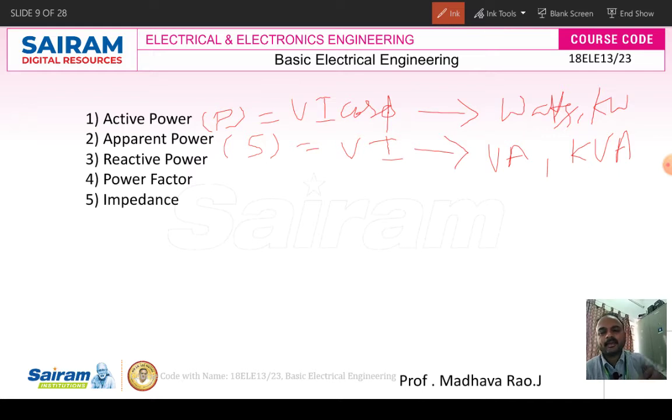Next one, reactive power. Reactive power is denoted with Q. It is defined as the quantity VI sin phi. VI sin phi is called reactive power.